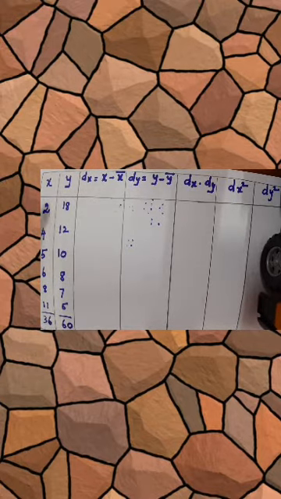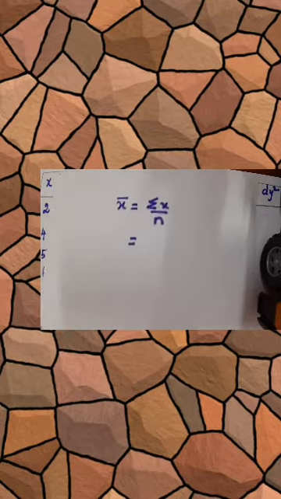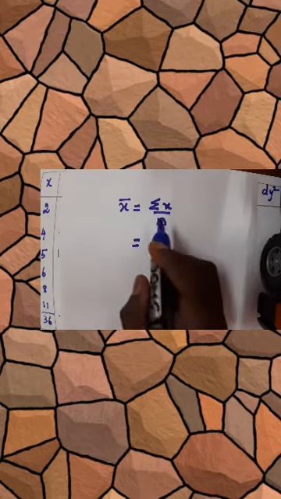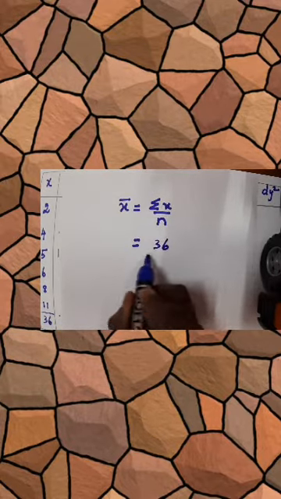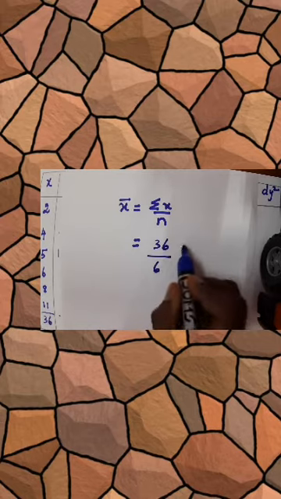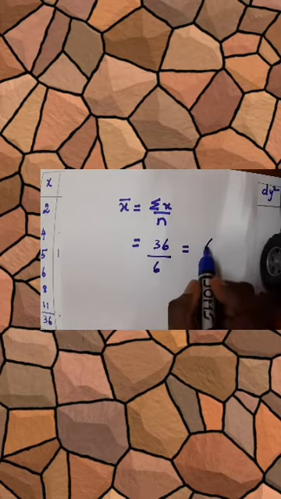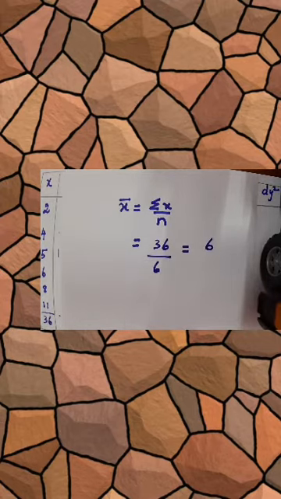You can calculate. You have totally 1, 2, 3, 4, 5, 6. So totally how many terms you have? 6 terms you have. Okay. So summation of x is 36 divided by 6, 36 by 6 will give you 6.